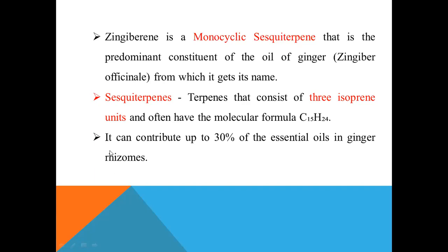From the rhizomes, that is the roots of ginger, we get the oil. And this is the compound that gives ginger its distinct flavoring. Because of the presence of this terpene, gingiberine, ginger has a definite flavor and a definite odor.